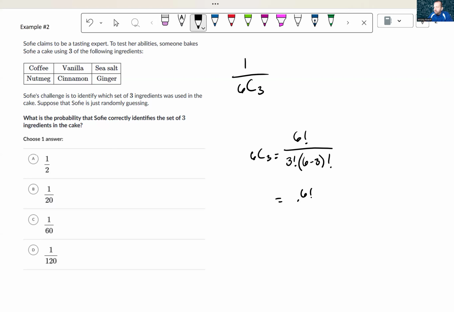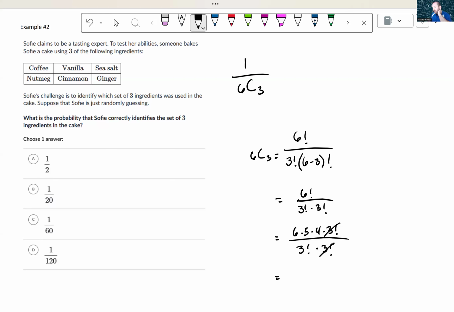We'll do the denominator first: 3 factorial times 3 factorial. That's 6 times 5 times 4 times 3 factorial over 3 factorial times 3 factorial. One of those 3 factorials in the denominator is going to cancel with the numerator. And we get 6 times 5 times 4.